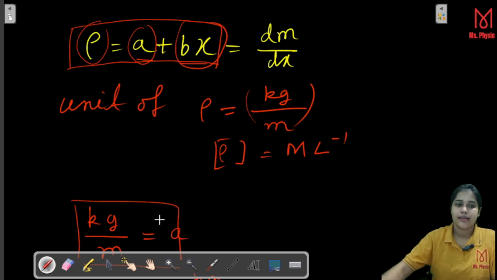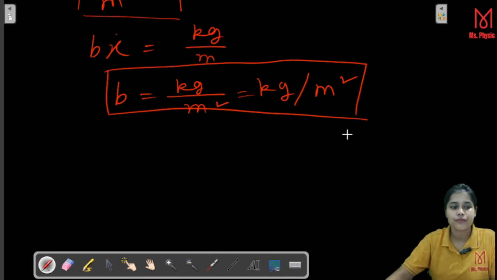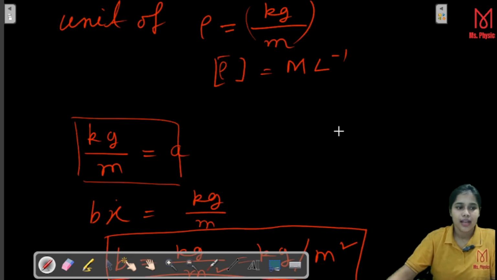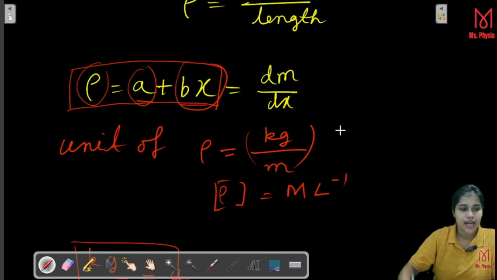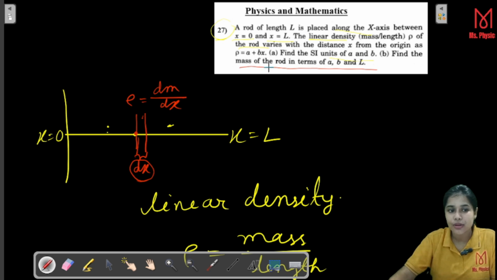Next, you are asked to find the mass of the rod in terms of A, B and L. So how to find it? Firstly, you see here I have written dm by dx, and now you have to find the mass of the rod.